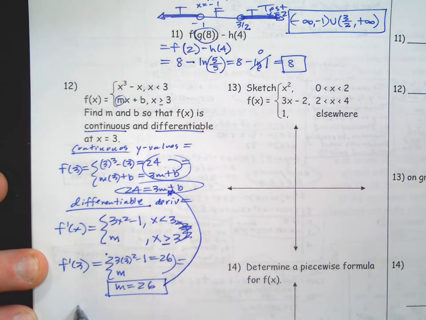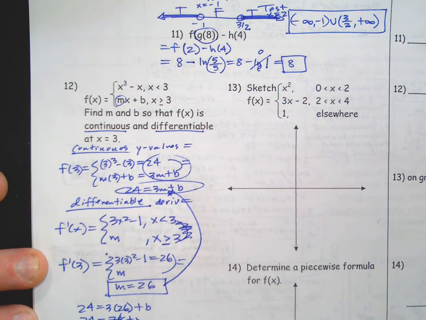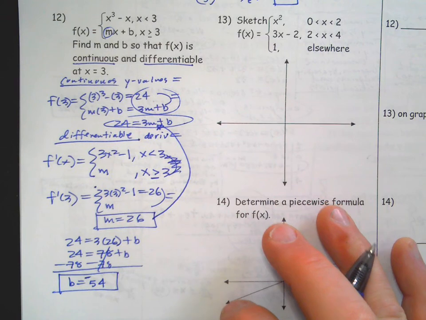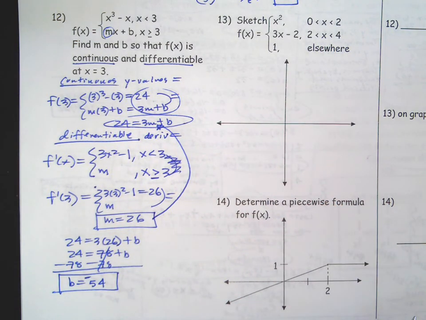We plug that into there. So b equals negative 54. So there you go. Okay, so probably a problem like that.